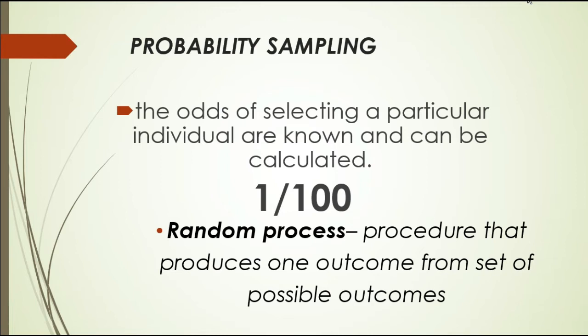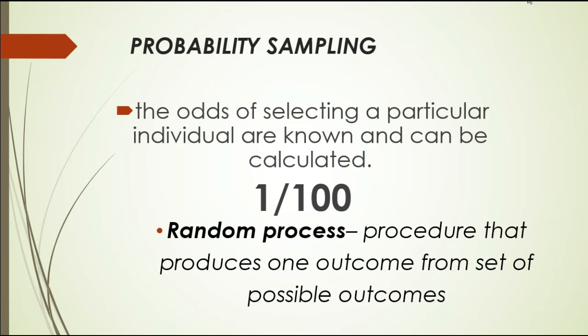Okay? We also have non-probability, and matatakal natin yung mamaya. And we also have random process, a procedure that reduces one outcome from a set of possible outcomes. Yun nga yung sinasabi natin, 1 over 100. Ibig sabihin, sa 100 participants, meron silang one chance na mabunot doon.